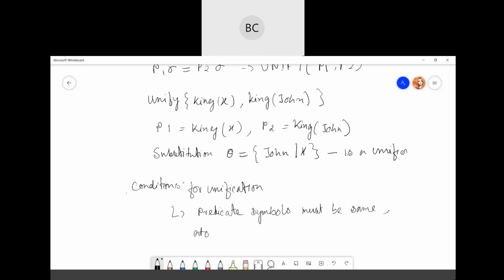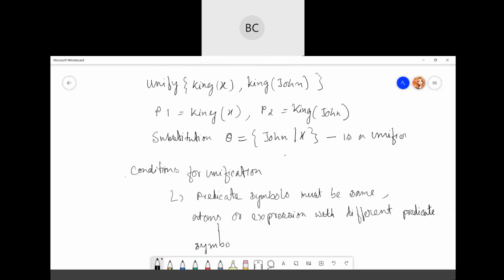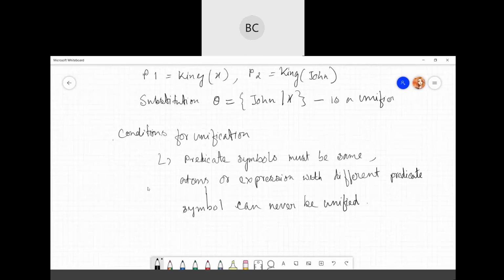Atoms or expressions with different predicate symbols can never be unified.